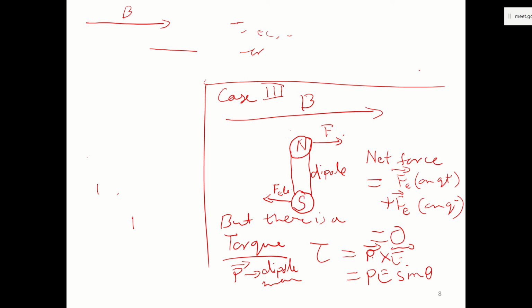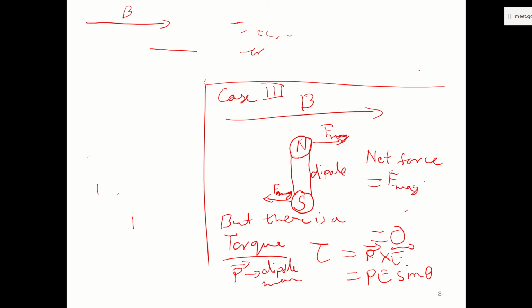Something like this will also happen. The magnetic forces on both poles are equal, so the net force again becomes 0 because the forces are equal and opposite in direction.